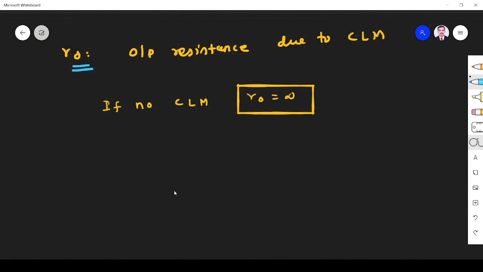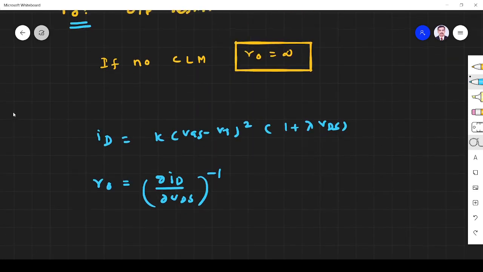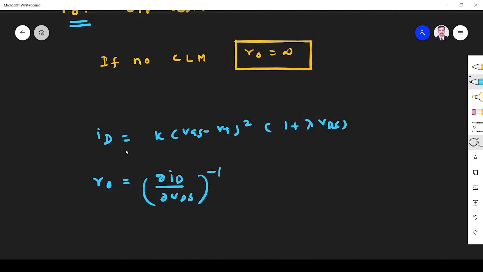So we know due to the channel length modulation, ID is given by K into (VGS minus VT) square into (1 plus lambda VDS). I define R0 as (dou ID by dou VDS) inverse, that is 1 by dou ID by dou VDS. If I differentiate ID with respect to VDS, it is lambda only.